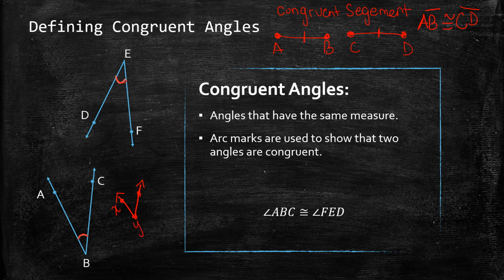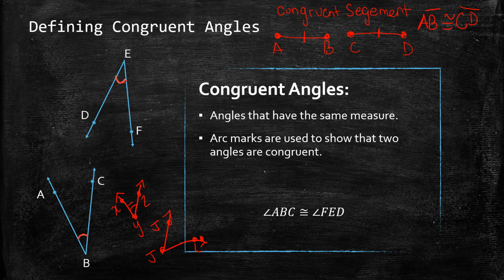Now, if we wanted to draw another pair of angles and say that pair of angles were congruent, we'll call this angle XYZ, and I'll draw another one over here, and we'll call this angle JKL. And I wanted to say these two angles were congruent, but they weren't congruent to angle ABC.